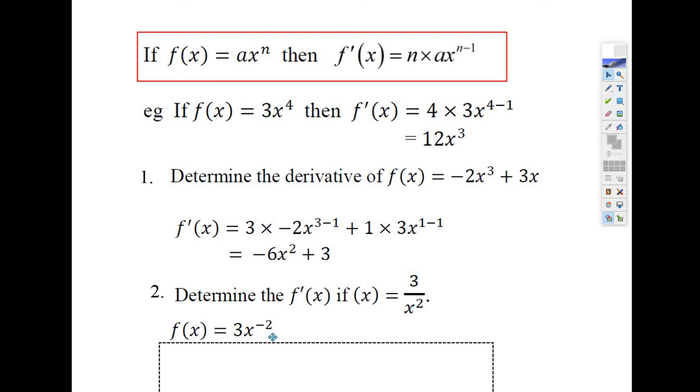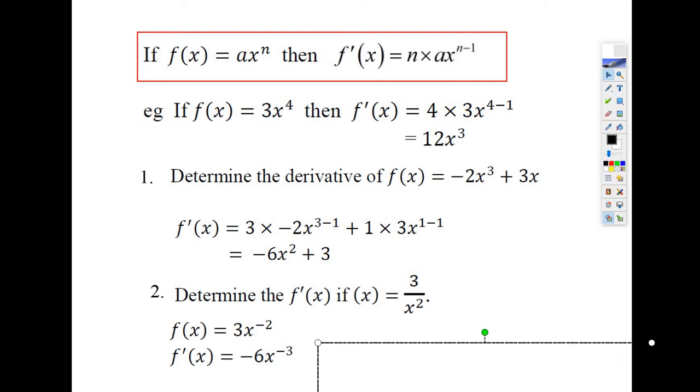That's what negative exponents mean: x to the 2 in the bottom means x to the minus 2 in the top. Now we multiply it, negative 2 times 3, that should give me minus 6. But if we subtract 1 from minus 2, it'll turn into minus 3. So there you go.